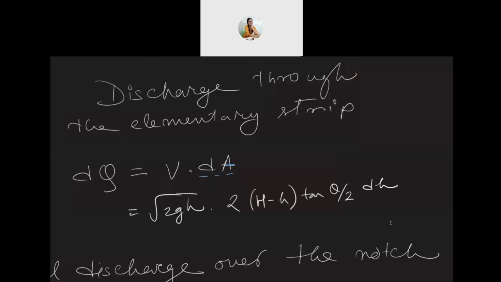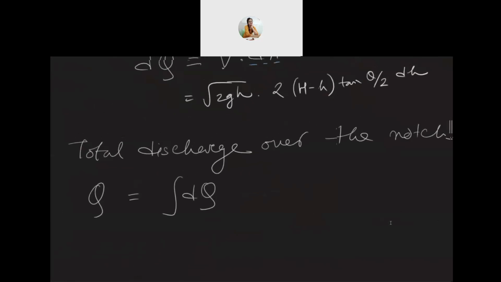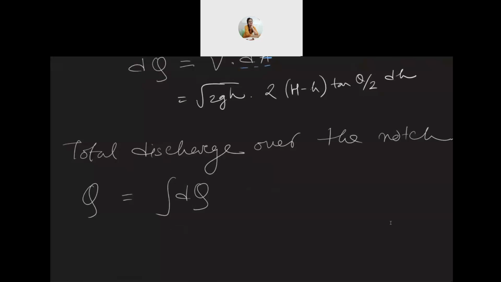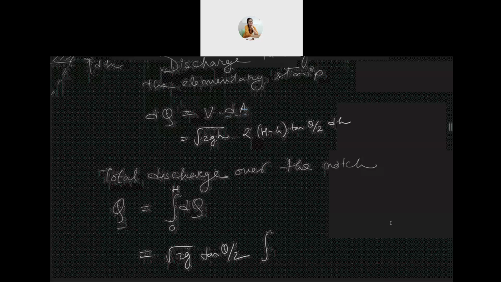And therefore, the total discharge over the notch Q can be obtained by integrating this expression, and the limits are again from 0 to capital H. And if that is the case, then we can take these constants out of the integration sign, and whatever remains inside the integration will be these terms.